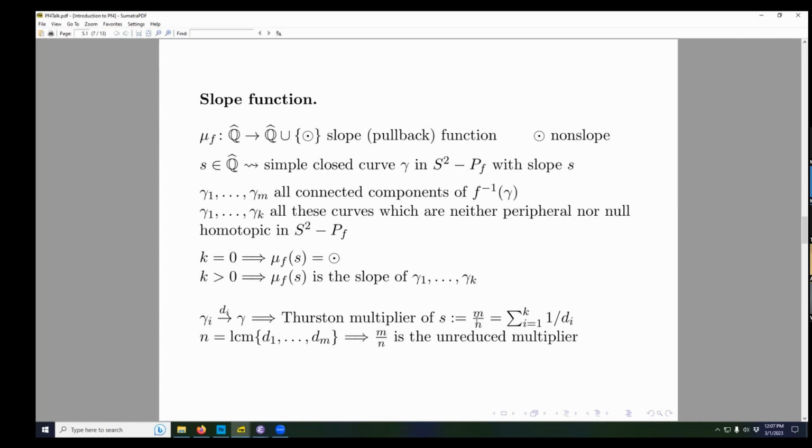And we get this rational number m over n. Now, if the denominator n is exactly the least common multiple of all of the degrees, so now we're considering all of the connected components, then we say that this rational number is the unreduced multiplier of S. The program PF4 calculates unreduced multipliers of slopes.